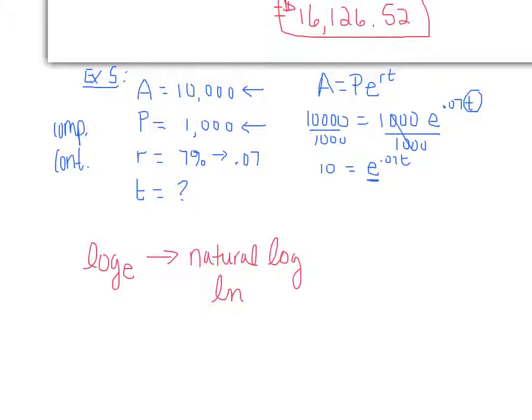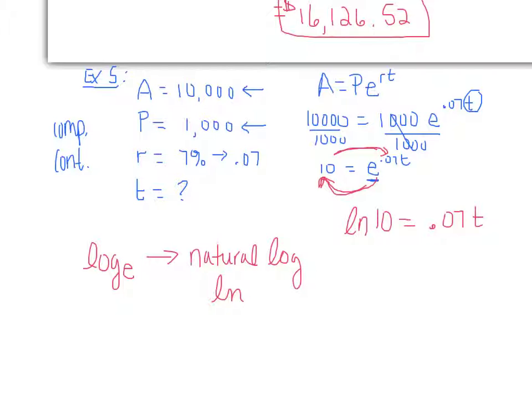So if I convert this to an exponent, I'm going to start with my base, and I'm going to swirl around. It's going to be equal like this. So I've got the natural log because it has base e, so I'm going to put ln of 10, and that equals my exponent, which is 0.07t.